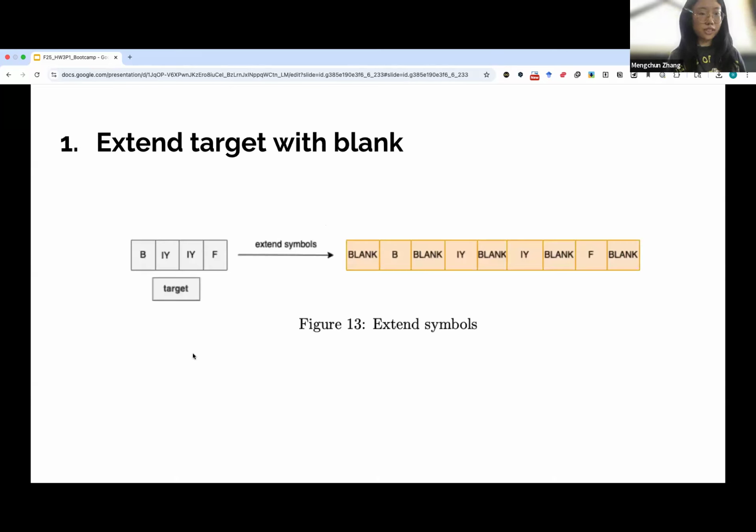So let's see the first step, extend the target with blank. Why do we want to do this? As just shown before, the input sequence is always much longer than the target sequence, and often the input sequence does not have a fixed alignment to your target sequence. This is why we first extend our target sequence with blanks.